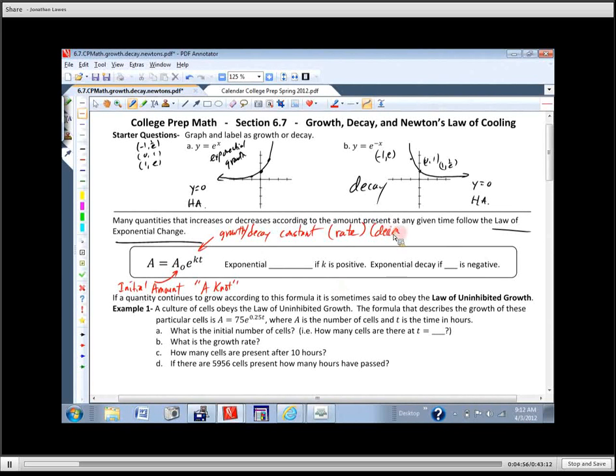Be looking for that. It's kind of like the rate, kind of like the interest rate. And it's going to be exponential growth if k is positive. So the exponent is positive right here. If this is a positive number, kind of like this one was up here, we're going to have growth. And it's going to be exponential decay if k is negative.